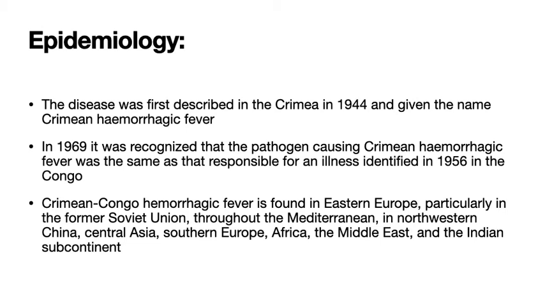Thus, the name now Crimean-Congo hemorrhagic fever. CCHF has been found in Eastern Europe, particularly in the former Soviet Union, throughout the Mediterranean, in northern Western China and Central Asia, Southern Europe, Africa, the Middle East, and the Indian subcontinent.